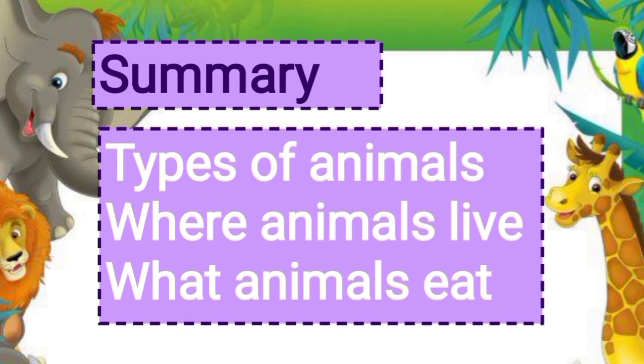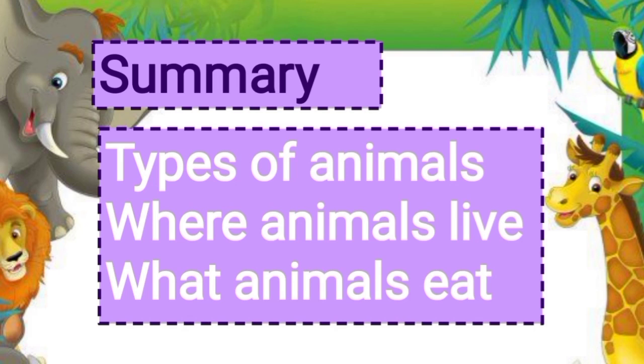And animals with a backbone, or vertebrates, can be further divided into groups such as fish, birds, amphibians, reptiles and mammals. Then animals can also be grouped according to the place they live in.